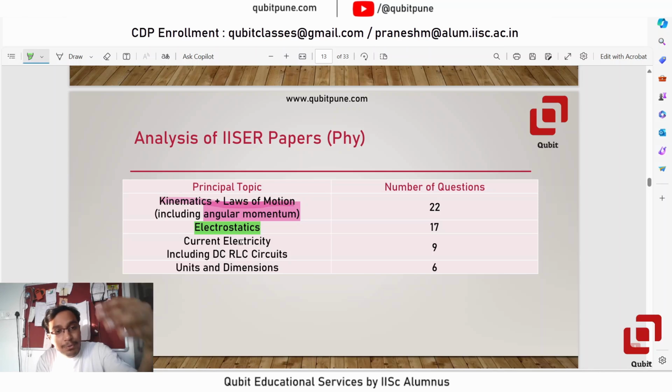But what they do is, because Kirchhoff's laws form a part of current electricity in our syllabus, they will bring a capacitor with resistance, and they will ask you to tell how much time it will take for a capacitance to charge to, say, a particular value of voltage.